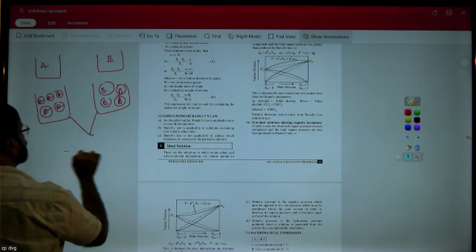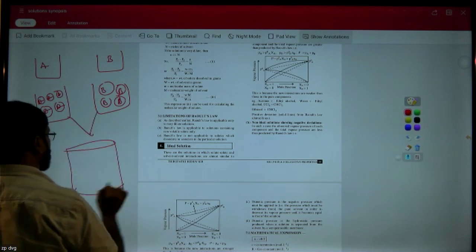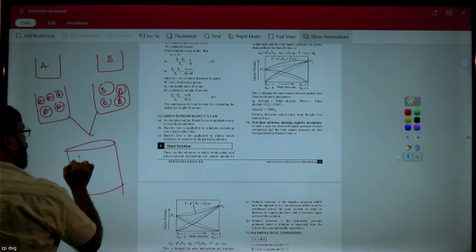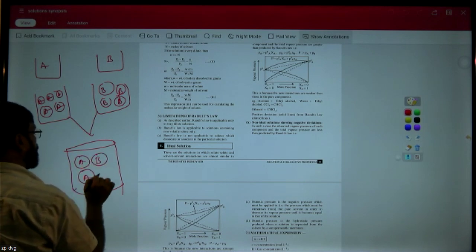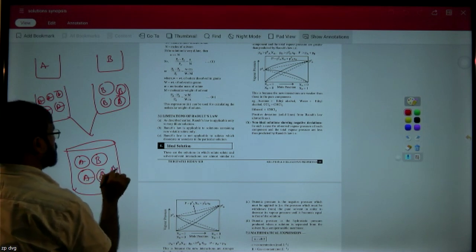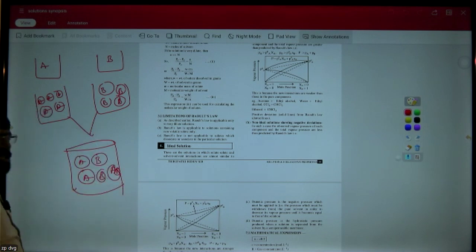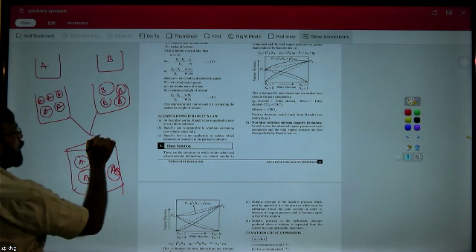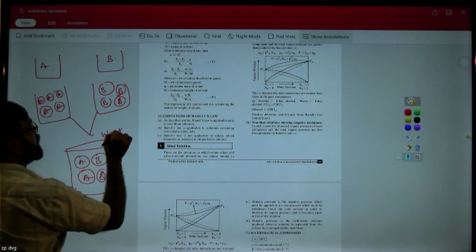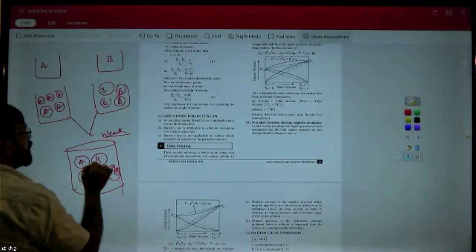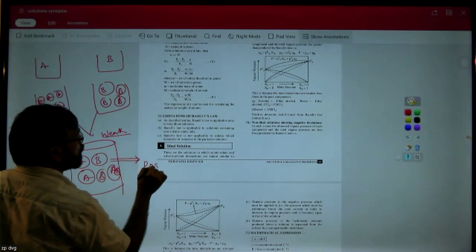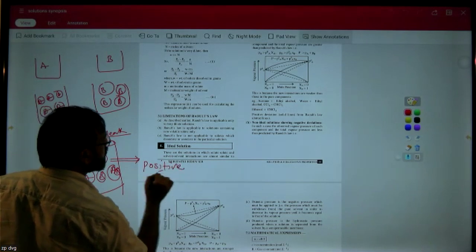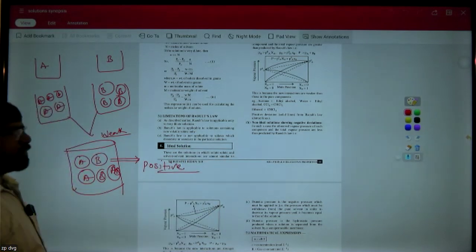If we mix these two and prepare one solution, it has AB type of interactions. If these AB interactions are weak compared to AA and BB interactions, then the produced solution is going to show positive deviation from Raoult's law.